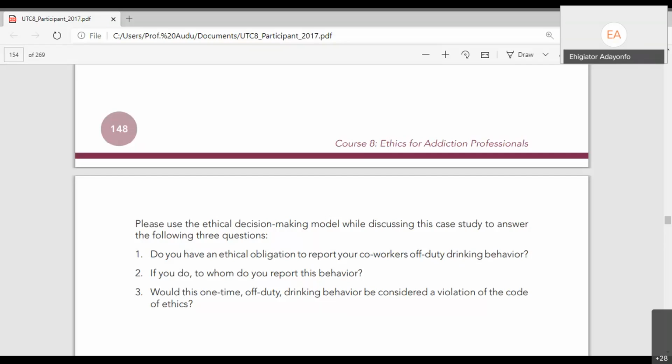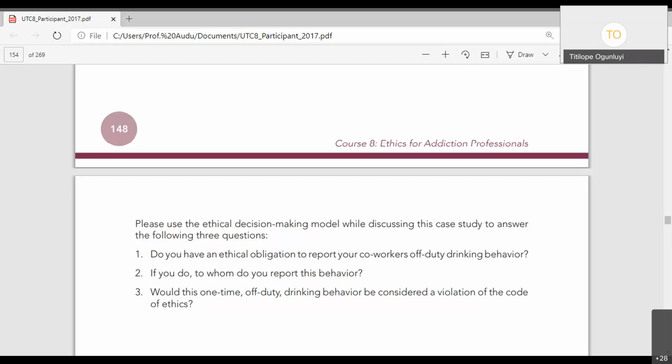Any other, please? It looks like TT would like to speak. Okay, please go ahead, TT. Good day, all. I will go with Higiato because from what we said, these people are still in recovery and they are counselors as well.